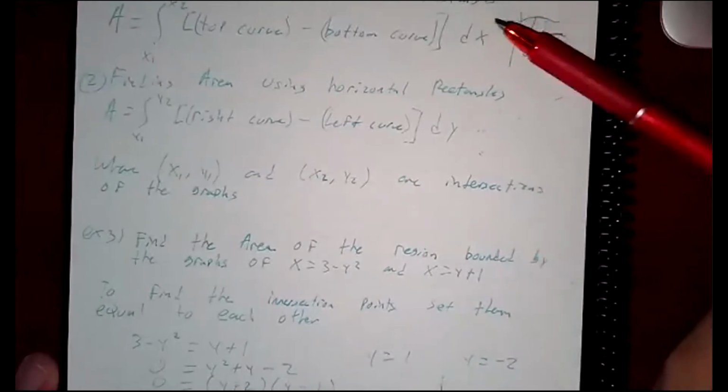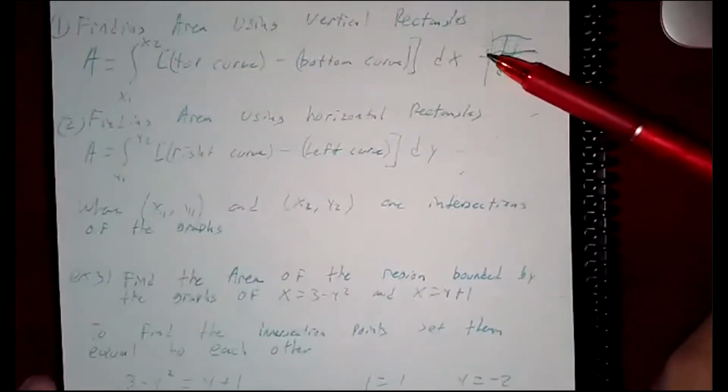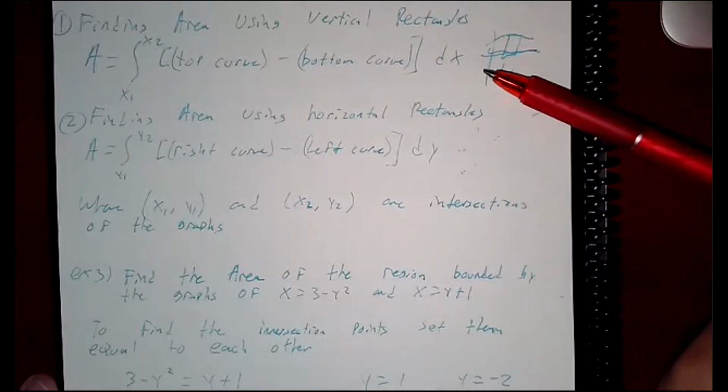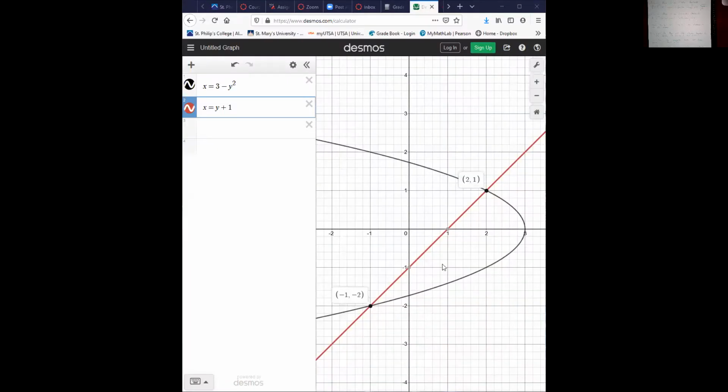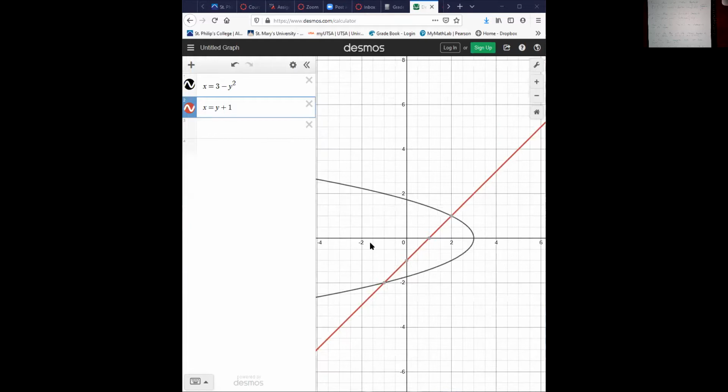Remember, do dx if the rectangles only hit the graphs once. But if you see, like on this picture here, the vertical rectangles hit this twice, then that's a sign you don't use vertical. Or if you're doing horizontal and you hit the same graph multiple times, then you wouldn't do it either.